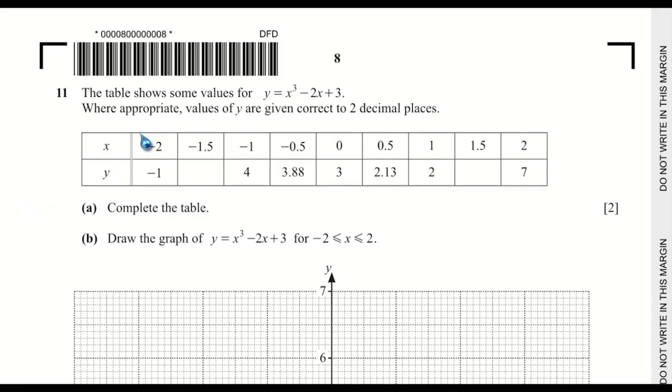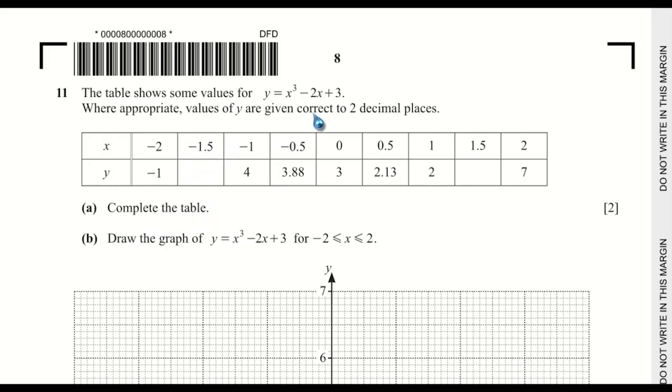The table shows some values for y equals x to the power of 3 minus 2x plus 3. Where appropriate, values of y are given correct to 2 decimal places. So part A, complete the table.